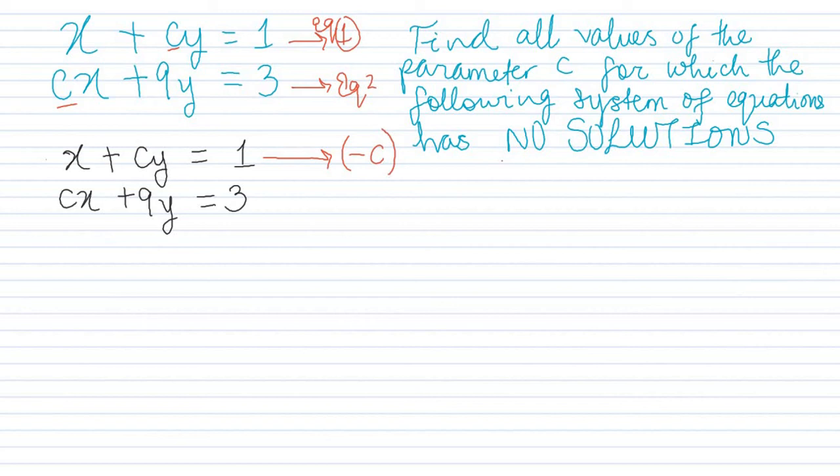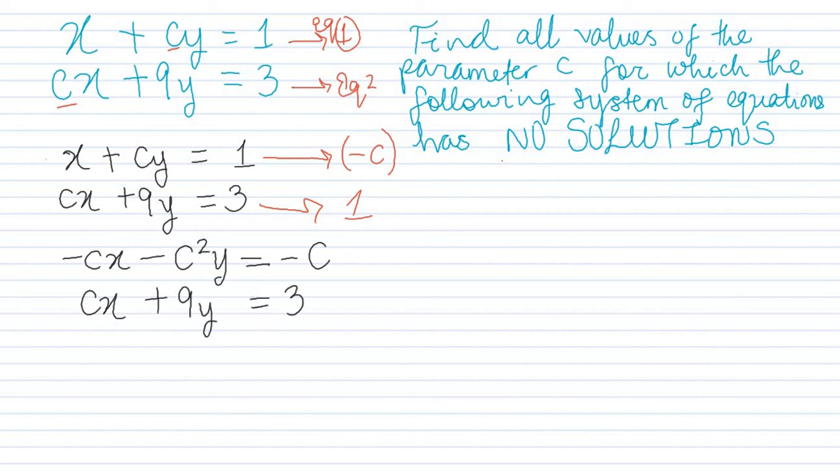Now you're going to be wondering what we do to the second equation. You can just multiply it by 1, nothing special. So now you have a new equation: negative cx minus c squared y equals negative c, and at the bottom you have cx plus 9y equals 3.